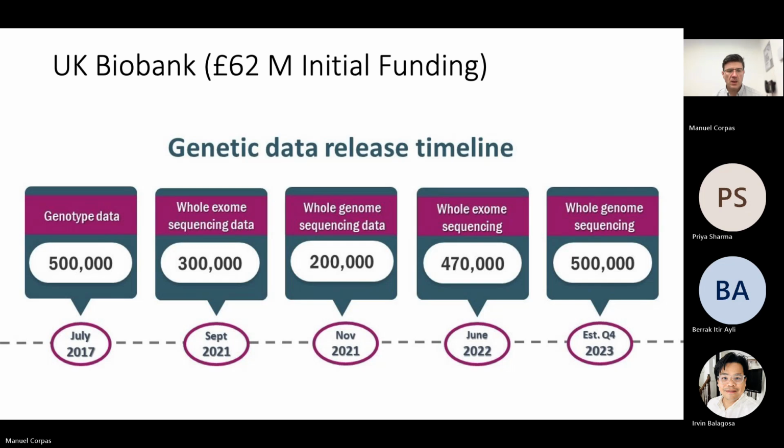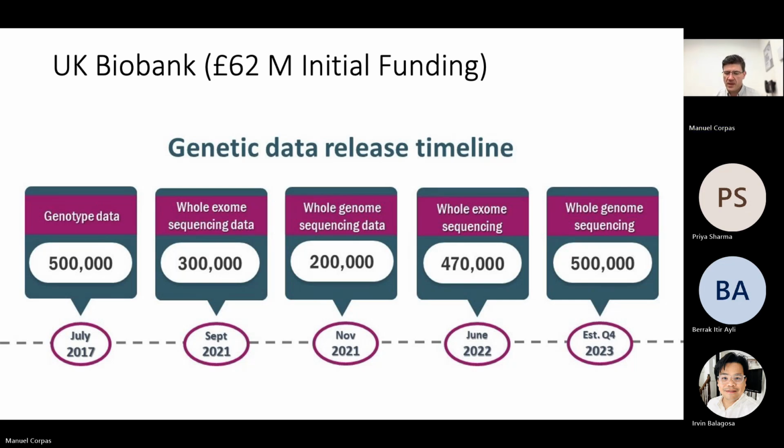Together with the UK Biobank, which, as you know, now contains 500,000 whole genomes. We estimate that just the whole genome sequencing must have cost around $50 million. Yeah, that's just the genome.